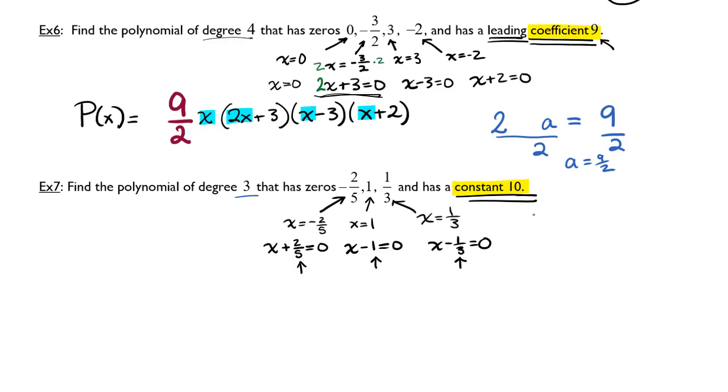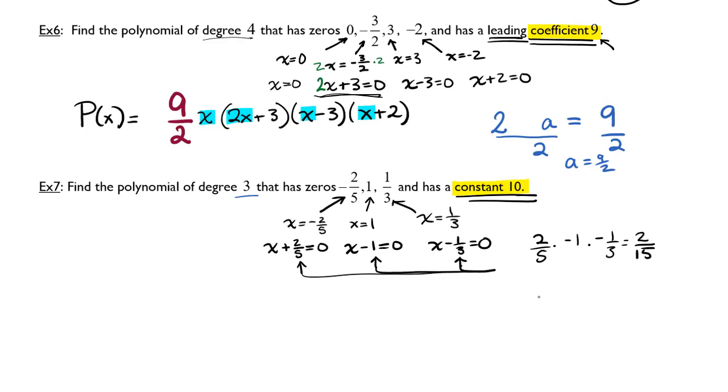I might have to multiply by some number out front so that my last term is 10. I'm going to multiply all these constants to each other. That will be a 2/5 times a negative 1 times a negative 1/3. That's going to give me a 2 over 15.